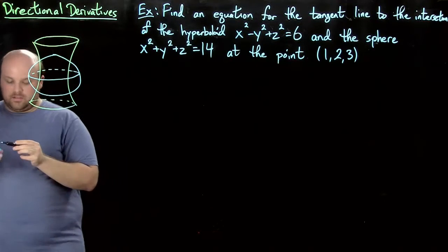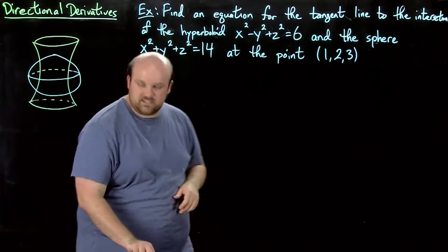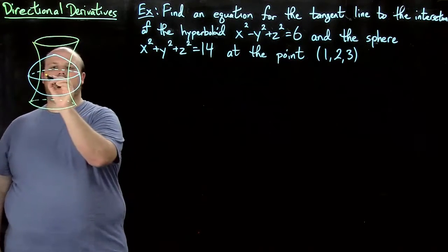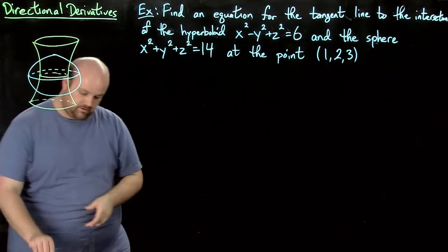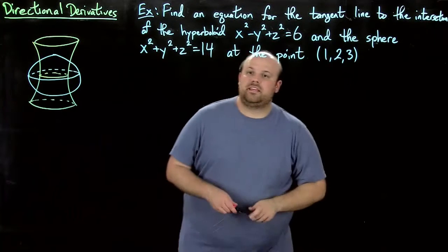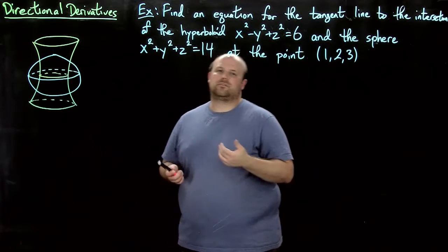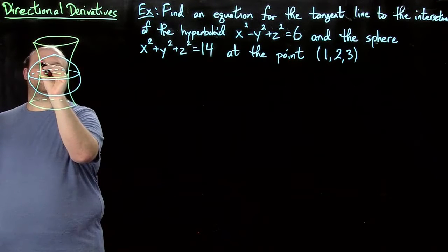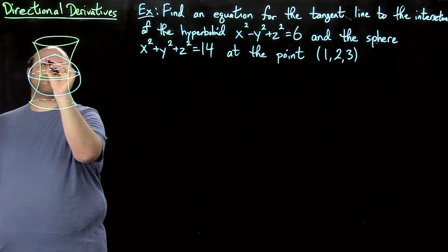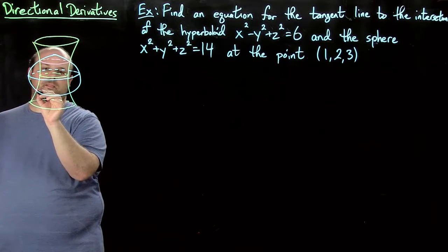Right? So we have this hyperboloid and we have this sphere. And maybe I'll add in one of these little equator things to the hyperboloid. Now, these guys intersect each other, of course, in more than just a point. We actually get a circle up here and down here.